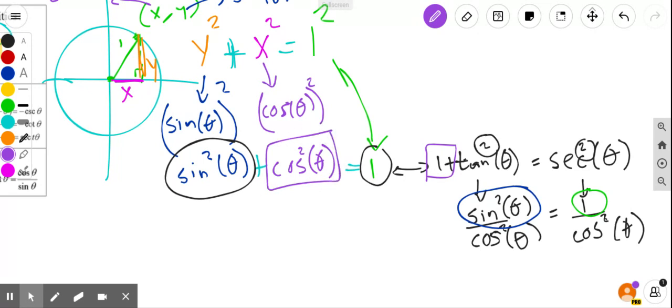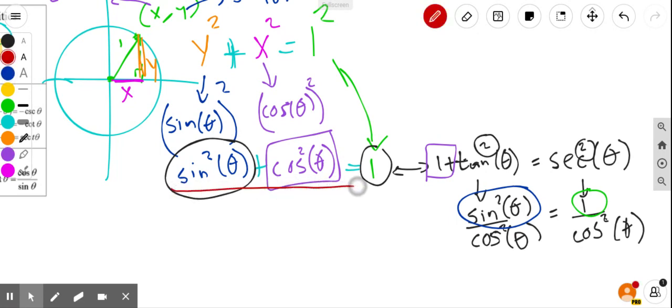And so here's what ends up happening. If you guys want to take a second, pause the video, so you can figure out how sine squared plus cosine squared equals 1 can be rewritten to produce 1 plus tangent squared equals secant squared. Take a second, pause the video, otherwise see what happens.